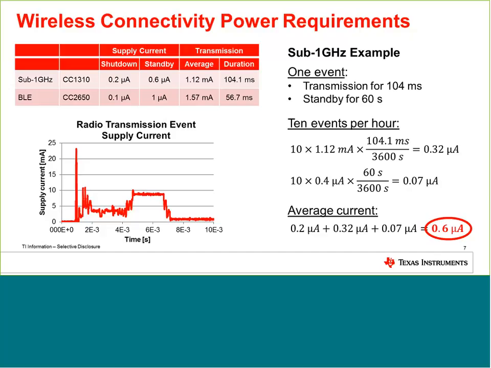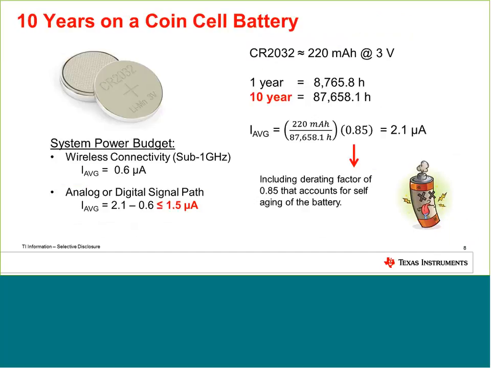Now if we have a coin cell battery, and a coin cell battery has 220 milliamp hours at 3 volts, and in 10 years we have 87,000 hours, we can calculate with an efficiency factor of 0.85 that the battery can provide an average of 2.1 microamps. That's quite a low current that we need to deal with.